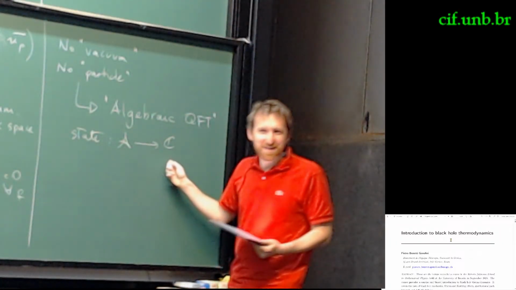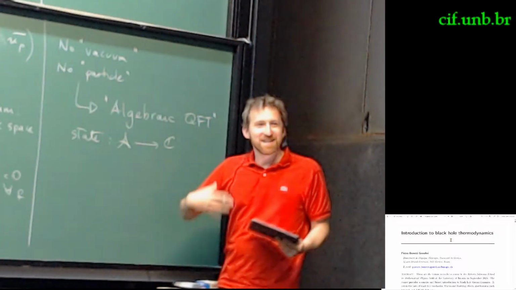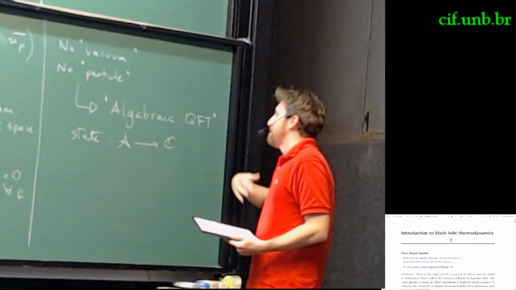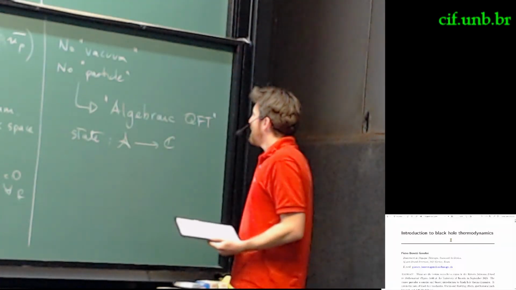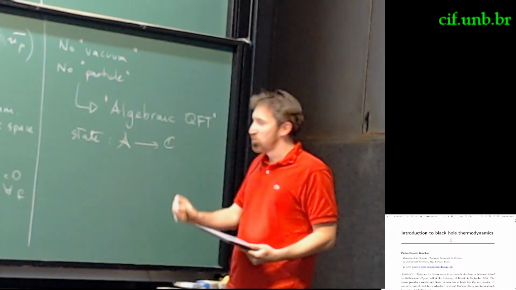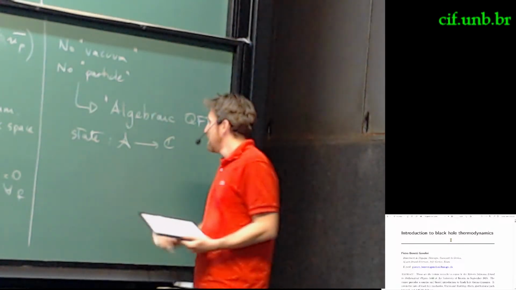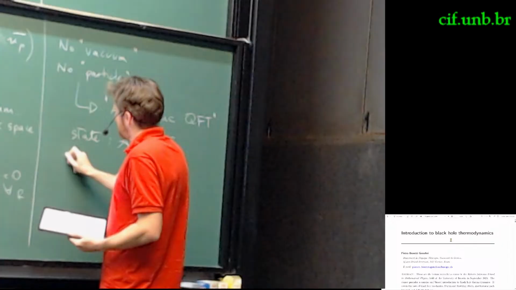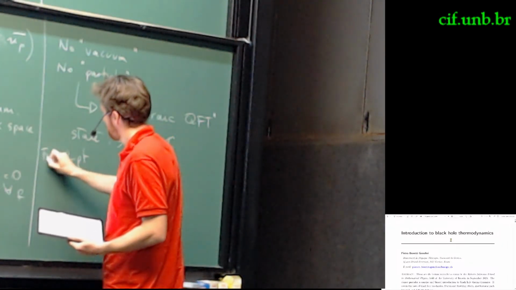This is beyond my abilities as a mathematician. This involves a lot of functional analysis to do it properly, and so I'm not going to do it right now. I'm going to just use one property of a state that identifies it, the two-point function.